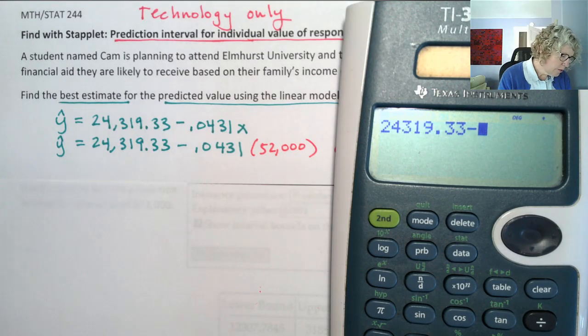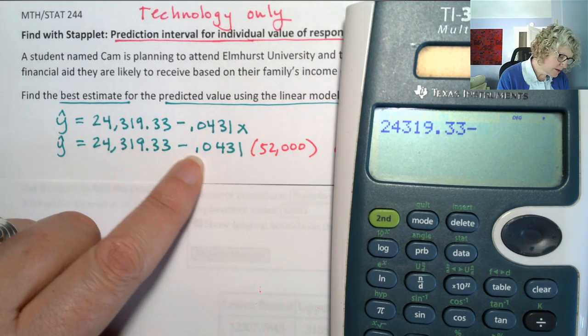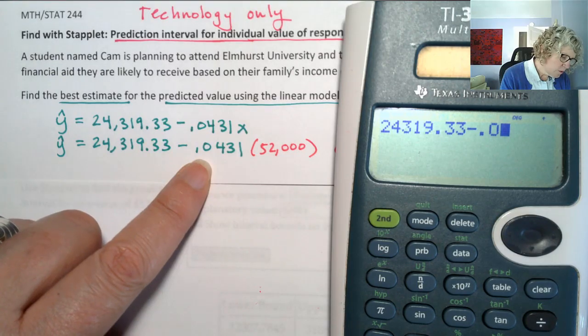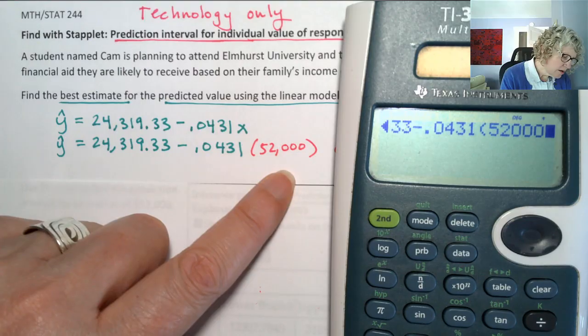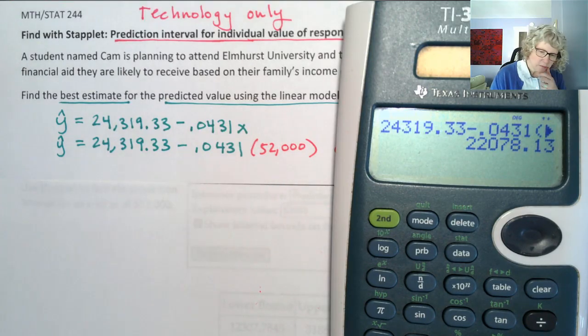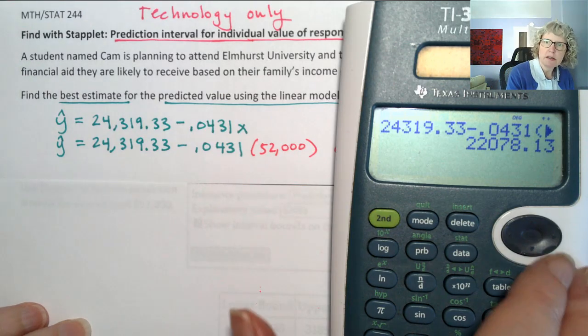24,319.33. And remember, if your slope's negative, be sure you get that minus in there. 0.0431 times 52,000. So I'm getting 22,078 and 13 cents.